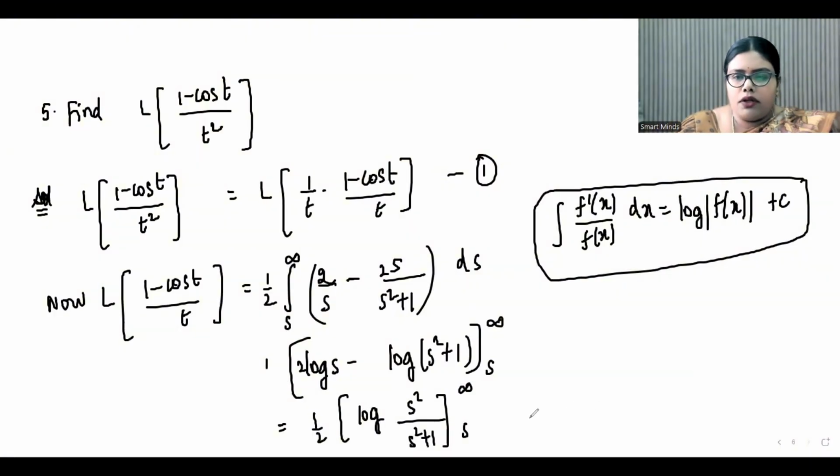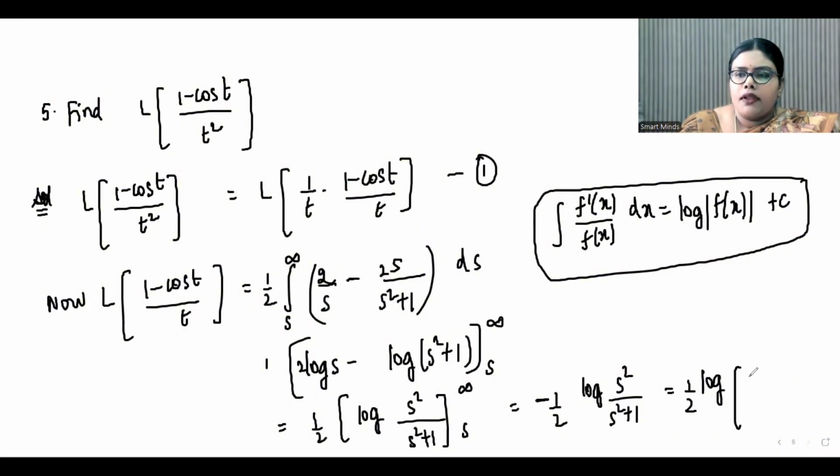Now this is equal to minus 1 by 2. If I apply the limits, log s square by s square plus 1. If you want to take this minus inside, you have to take the reciprocal: 1 by 2 log s square plus 1 by s square.